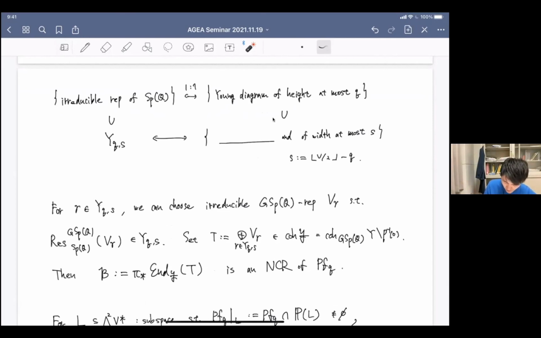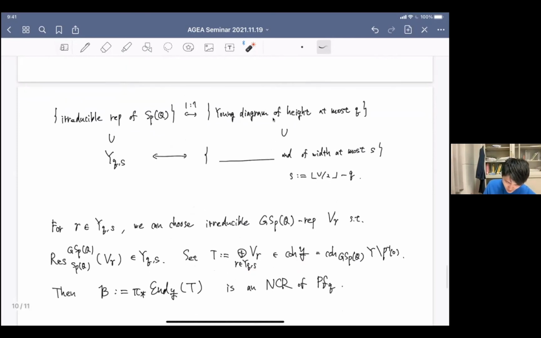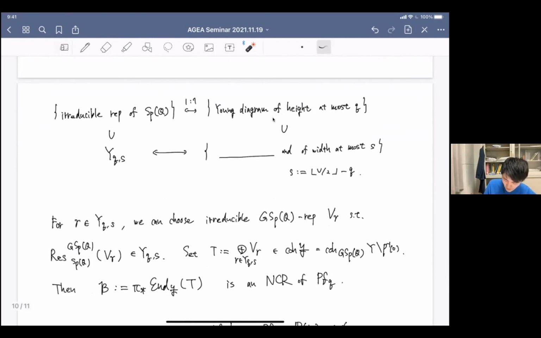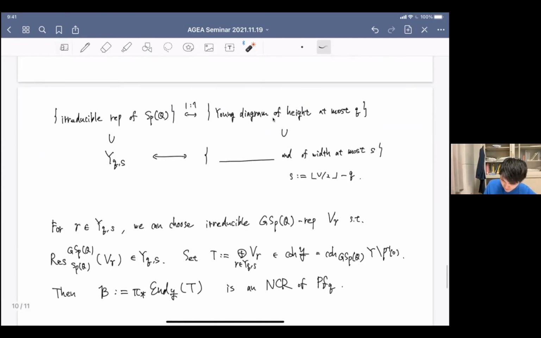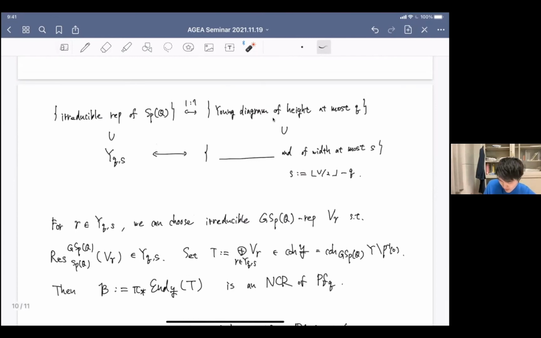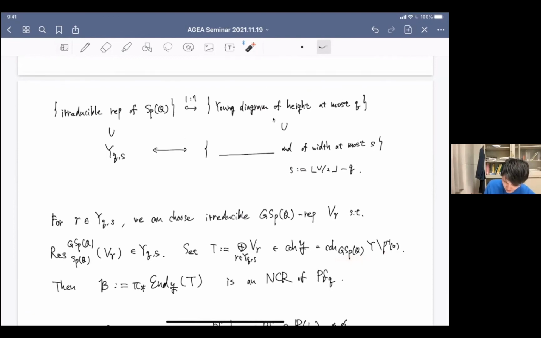Define T to be the direct sum of V_gamma, where gamma runs over Y_{Q,S}. This is a coherent sheaf on the stack Y. Actually, coherent sheaves on Y are equivalent to GSp(Q)-equivariant coherent sheaves on this space, so a GSp(Q) representation defines an equivariant sheaf in this category.